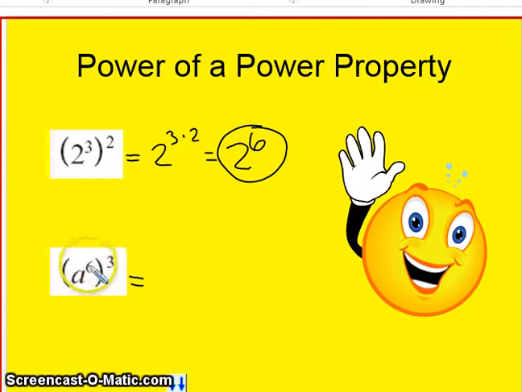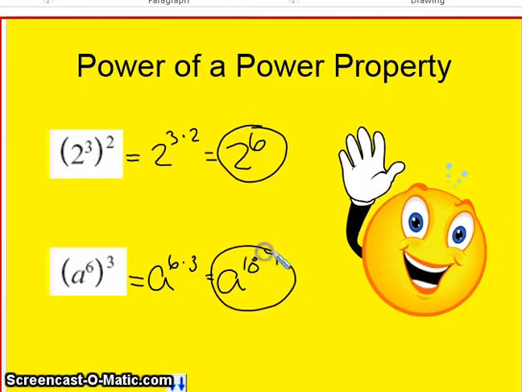Since I have my exponent inside the parentheses and outside, I can multiply those. A to the 6th times 3 power, and that gives me a to the 18th power. Notice I'm getting the same answer that I would if I did a to the 6th times a to the 6th times a to the 6th and added all the exponents. I'm just taking a little shortcut here.